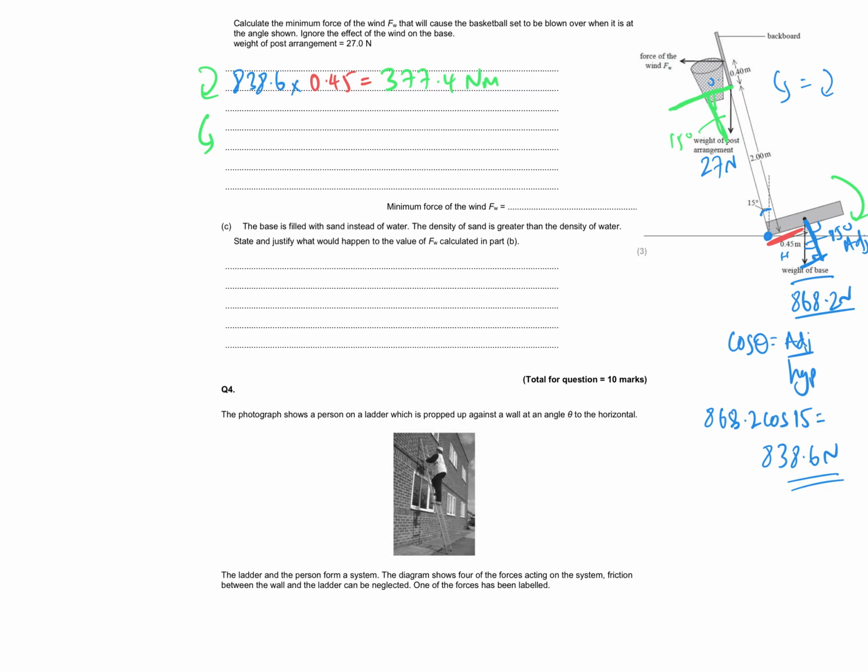That is therefore the opposite. We've got the hypotenuse that is our 27 newtons. So sine theta equals opposite over hypotenuse. So we want to try and find the force, which is the hypotenuse 27 multiplied by sine 15, and that gives us the value for the opposite, but we need to remember that's not yet a moment.